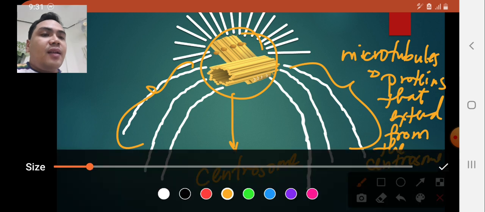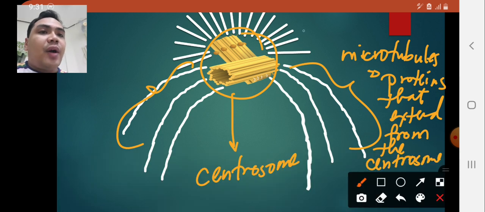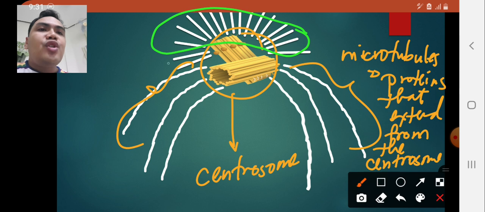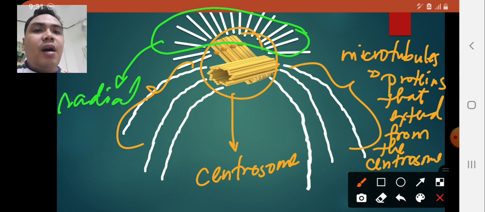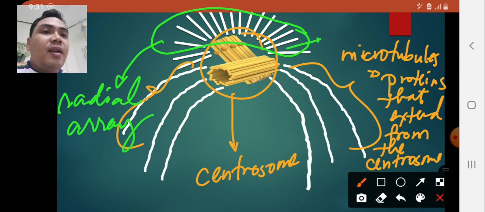On the other hand, the last part of the mitotic spindle, as you notice, has shorter microtubules. These shorter microtubules are a radial array, meaning the direction moves outward.